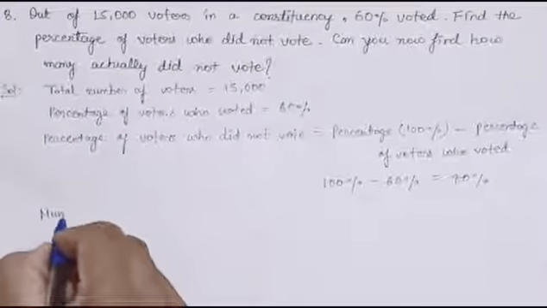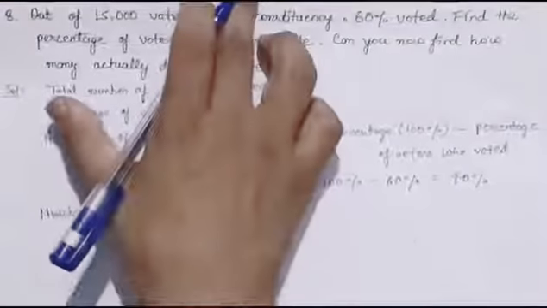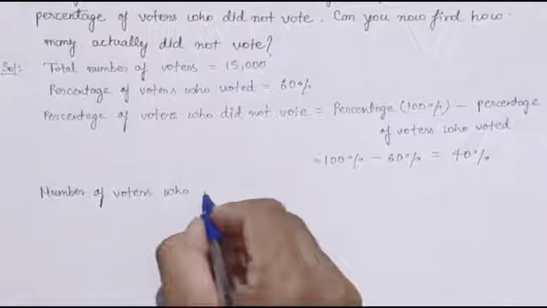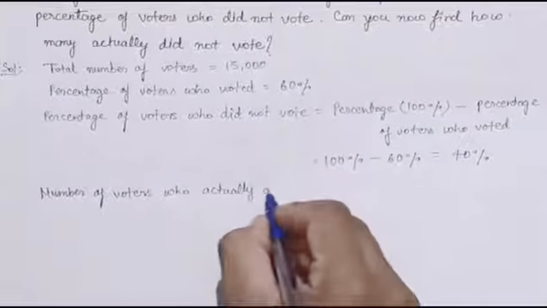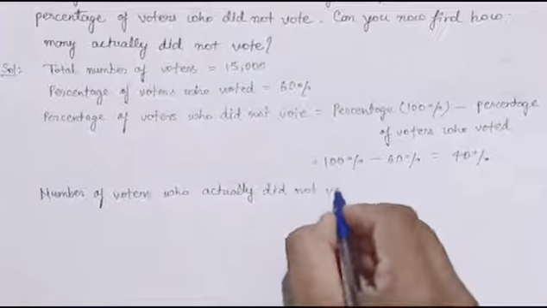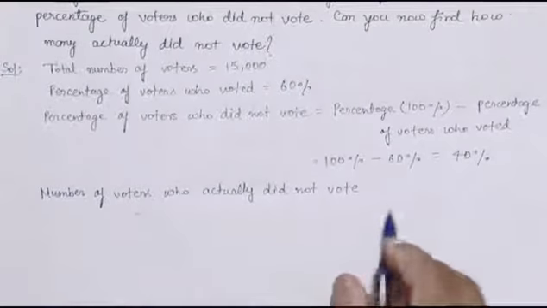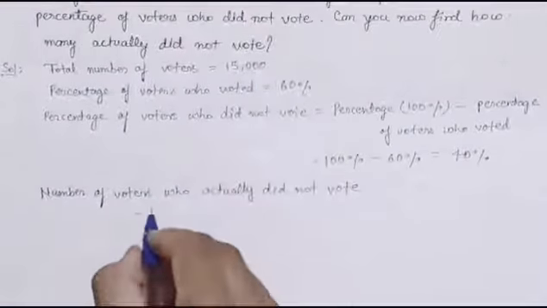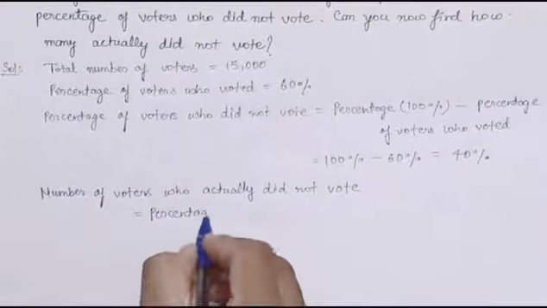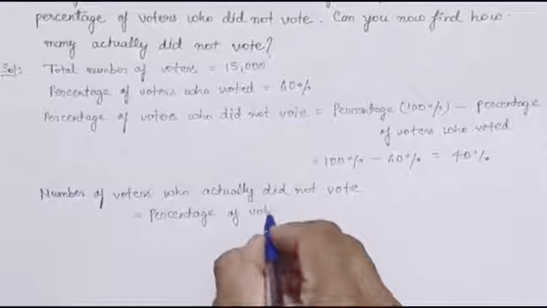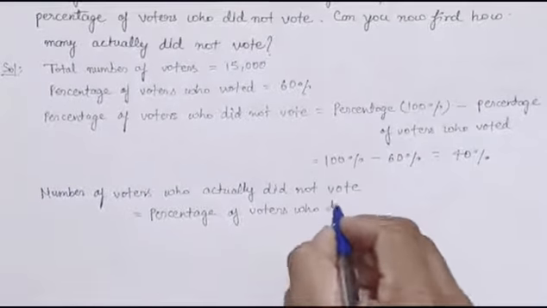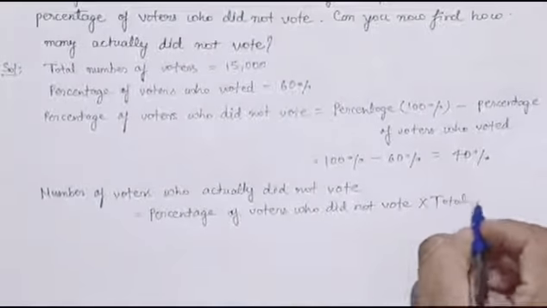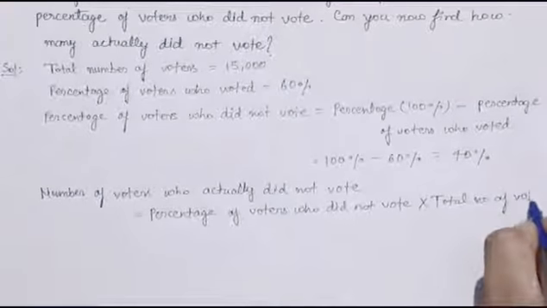So number of voters who actually did not vote is equal to percentage of voters who did not vote into total number of voters.